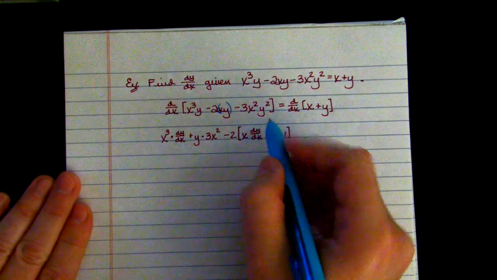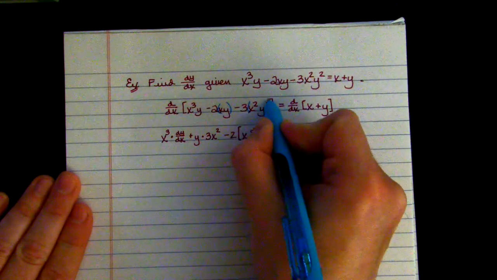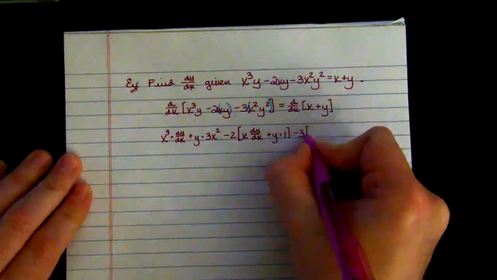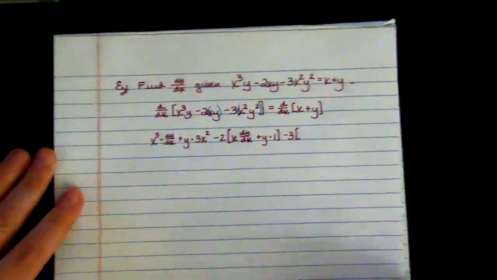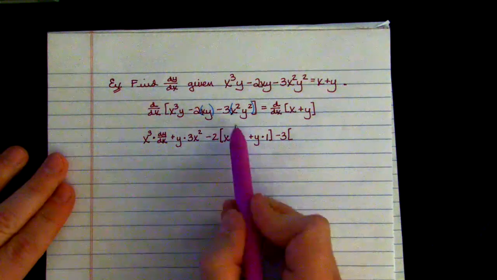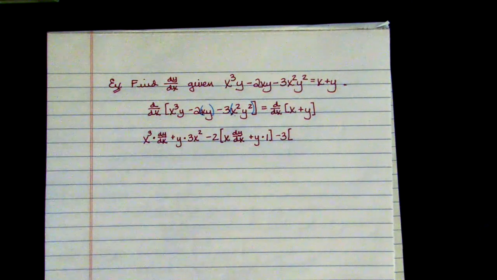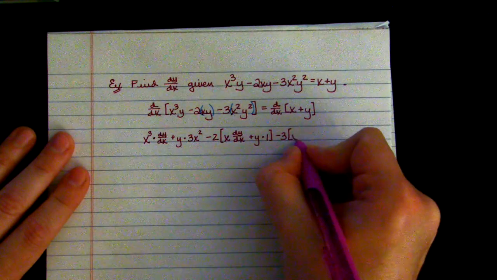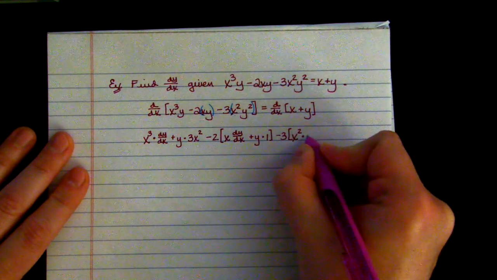Next, minus 3 times, again, I'm going to treat that as a product with a 3 constant out front. How about you see if you can use the product rule on x squared times y squared? Take a moment, see if you can do that. First, x squared times derivative of the second.